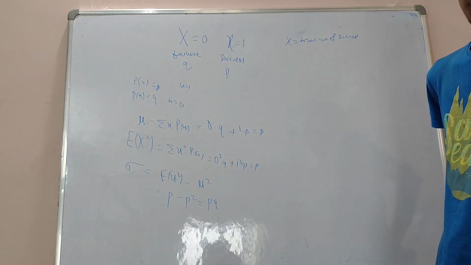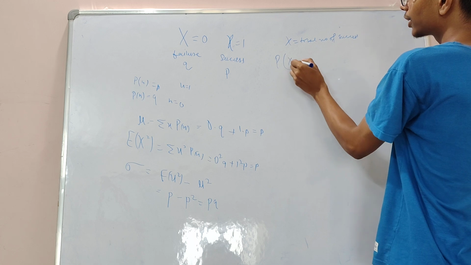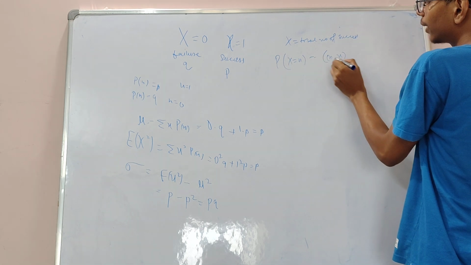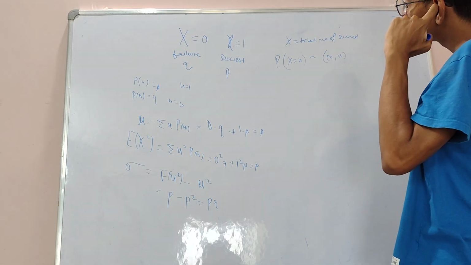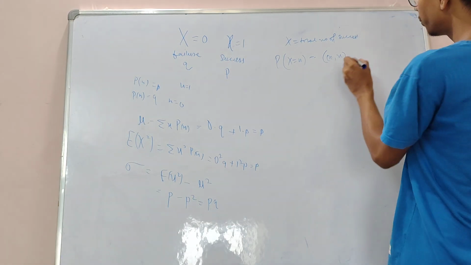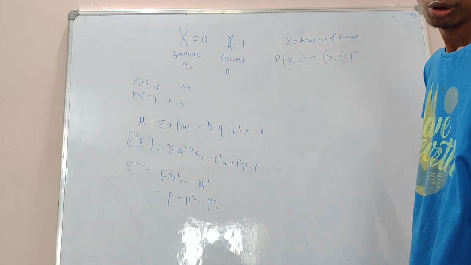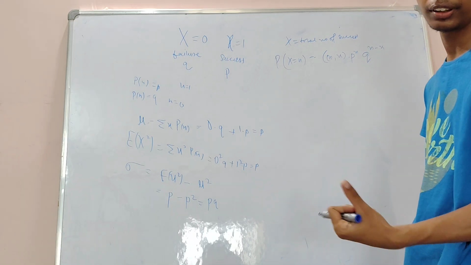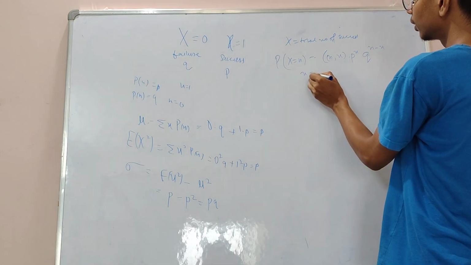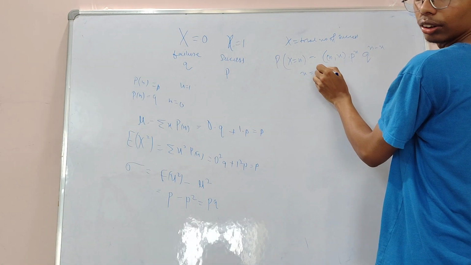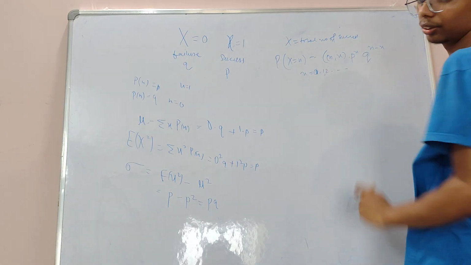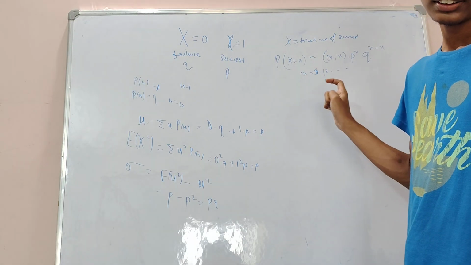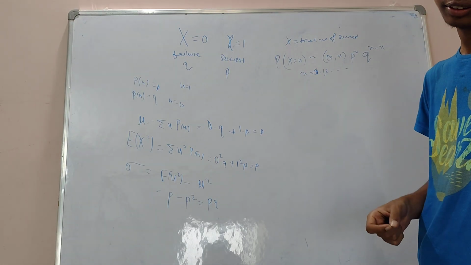So p of x will be the combination of n and x, multiplied by p to the power x, which is the probability of x successes, and q to the power n minus x, which is the probability of the remaining failures, where x is 0, 1, 2 and so on. And the combination is the number of ways to arrange successes in n trials.